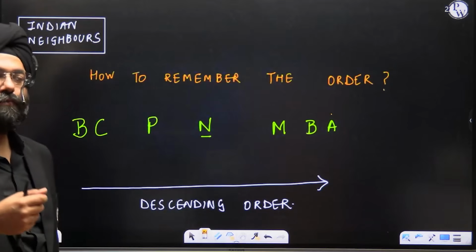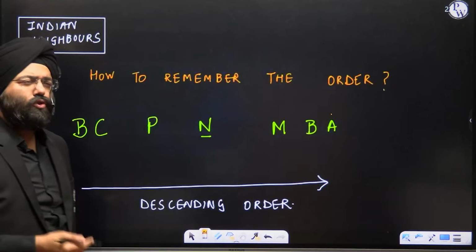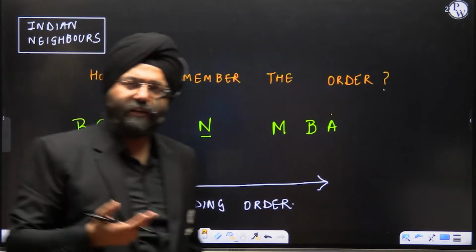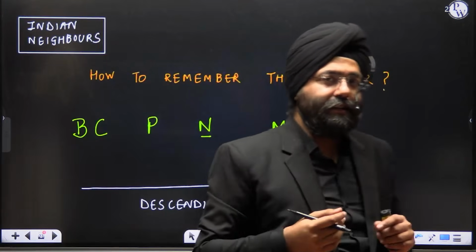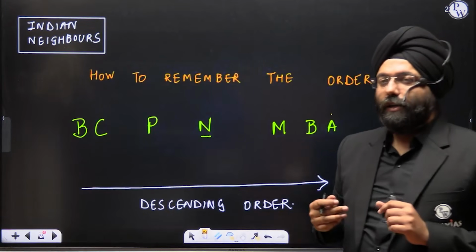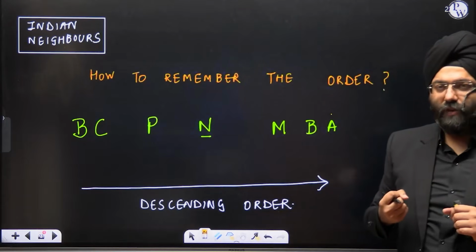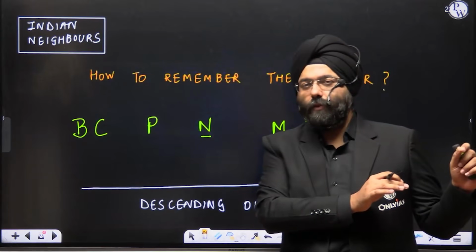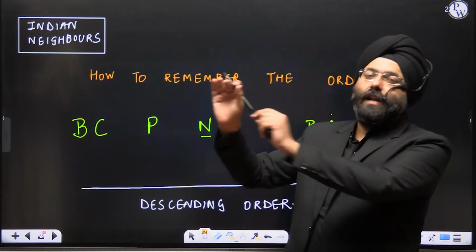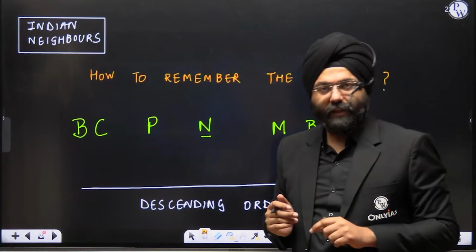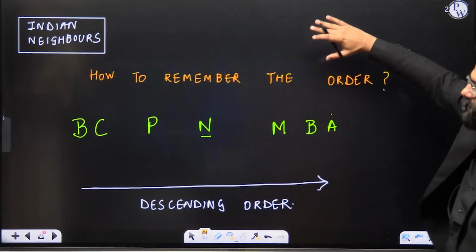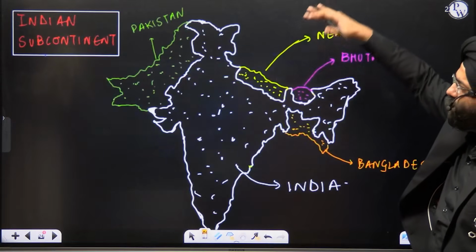This again becomes important for your examination. Even such questions have been asked in interviews. So NCERTs again form the core basis of your preparation right from the first step of your prelims till the last step of your interview. Clear? So having done this with respect to Indian neighbors, let's move ahead.